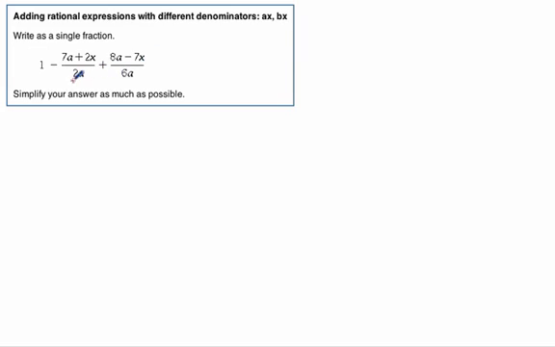So here, similar, we also have different denominators, 1, 2a, and 6a. So our least common denominator is going to be 6a, isn't it? So we know that's got to be 1 over 1 times 6a over 6a.